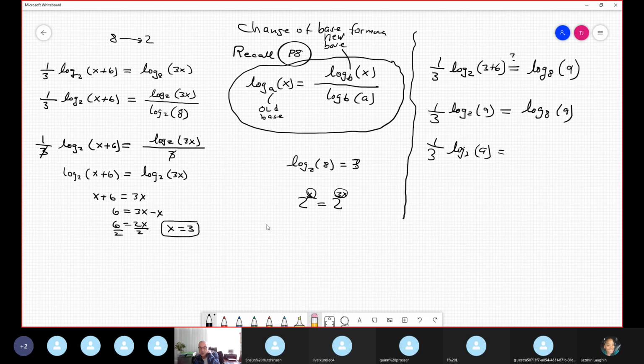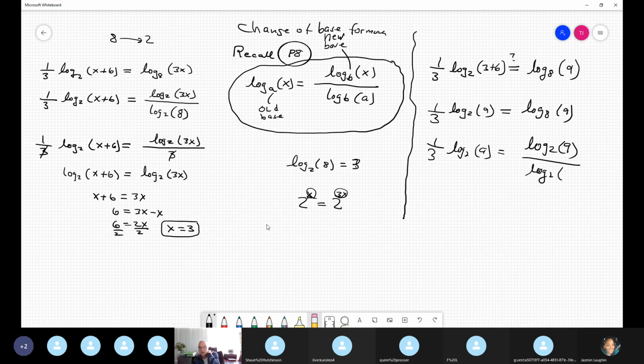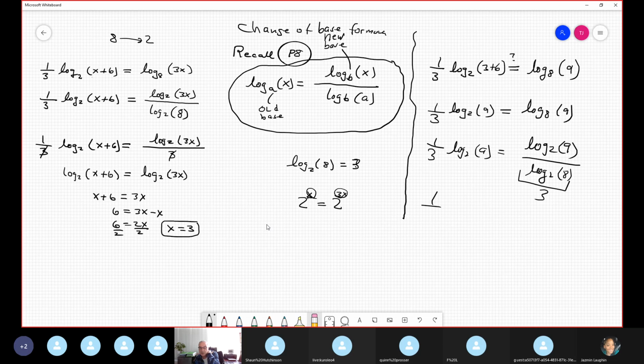This is logarithm of base 2 of 9 divided by logarithm of base 2 of 8, which we computed before, that is 3. Then we get 1/3 logarithm base 2 of 9 is equal to logarithm base 2 of 9 over 3, which is the same. This is obvious, it's the same. It's super true, and the solution 3 is perfect.